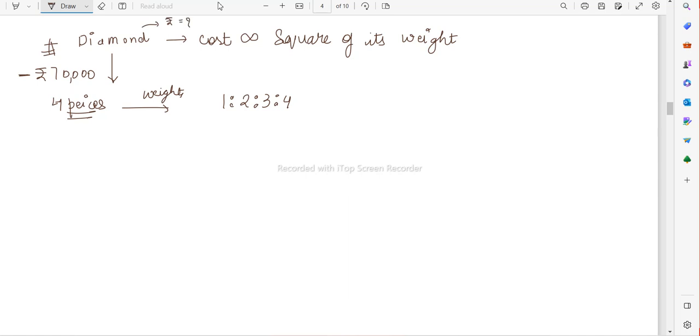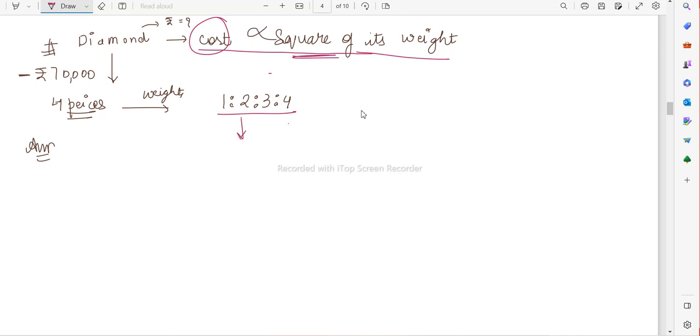ठीक है, तो देखो आंसर, देखो कैसे करोगे। सबसे पहली बात, आपको एक लाइन को यहाँ पे पकड़ना था। लाइन वॉज the cost of the diamond is directly proportional to the square of its weight. ठीक है, so if cost is directly proportional to square, then like this was the ratio, right?